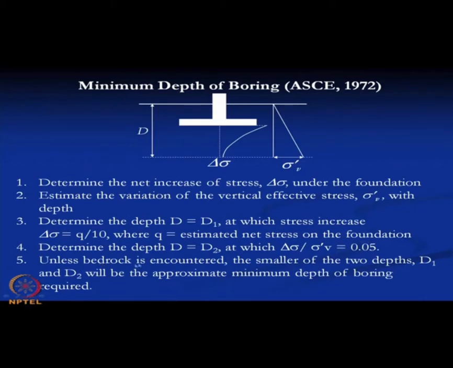Now, unless bedrock is encountered, the smaller of the two depths D1 and D2 will be the approximate minimum depth of boring required. If we encounter the bedrock in between these two, then we have to go up to the bedrock. But if the bedrock is not encountered, then the smaller of these two depths will give us the approximate minimum required depth of boring.